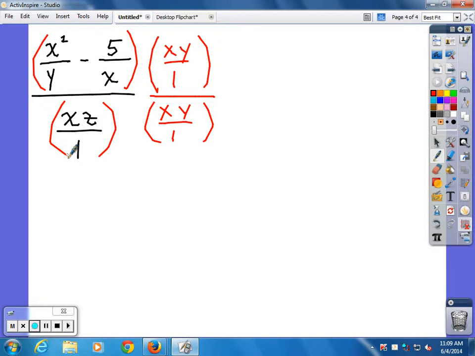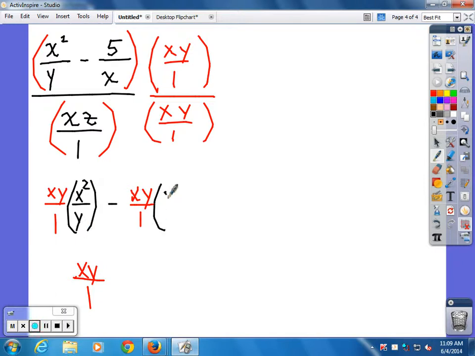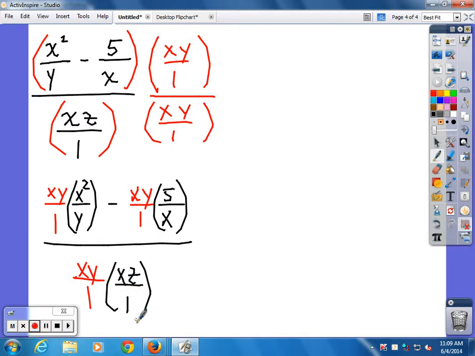I'm going to put a little baby step in here for you. xy over 1, xy over 1, xy over 1. X squared over y minus 5 over x. There's your little baby step for you.